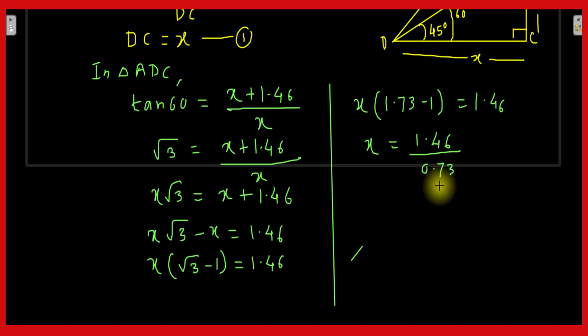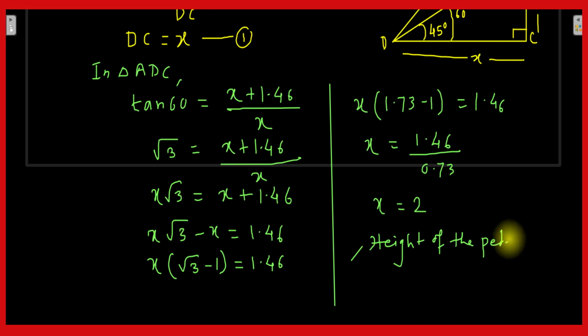Okay, 0.73 multiplied by 2 is 1.46, and so x will be equal to 2, and so the height of the pedestal is equal to 2 meter. That will be the answer.